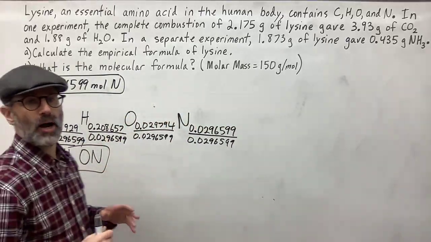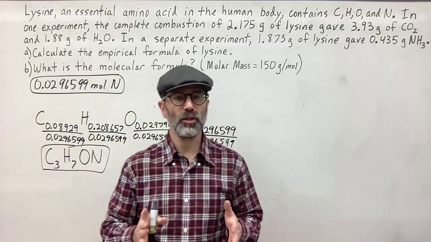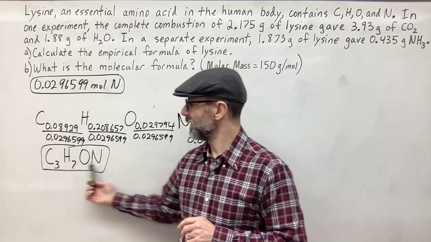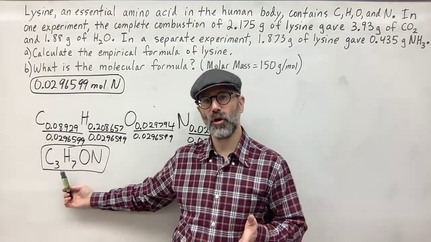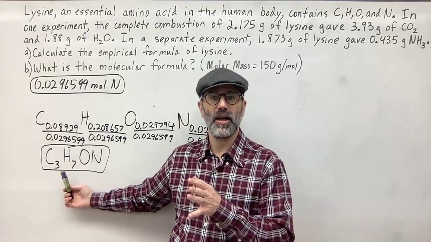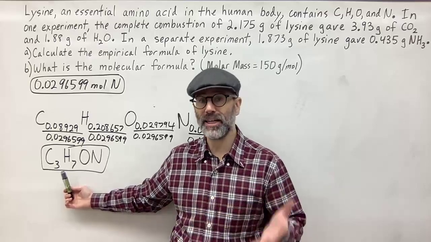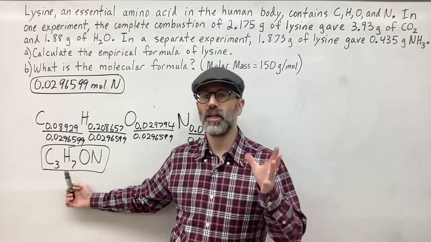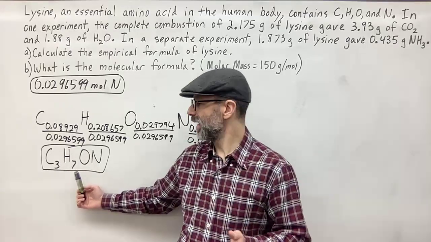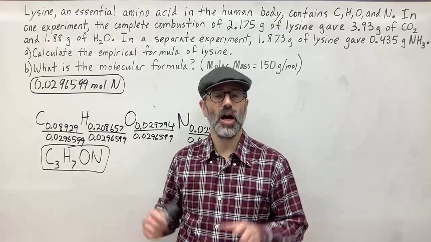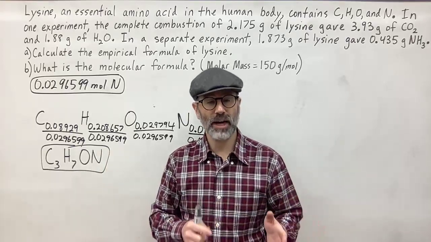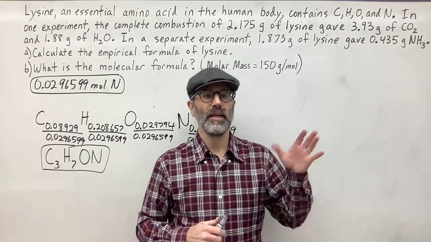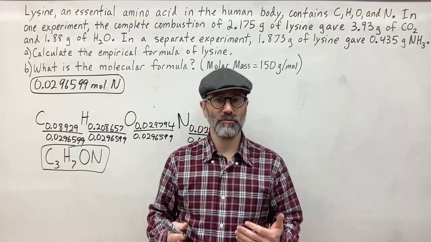What we know about empirical formulas and molecular formulas is that the subscripts in the molecular formula and the empirical formula are going to differ by a factor. It could be a factor of 2, a factor of 1, a factor of 3, whatever, but it's going to be some factor. If that is the case, then the masses are going to differ by the same factor. So the formula masses of your empirical formula and the molecular formula will differ by the same factor.